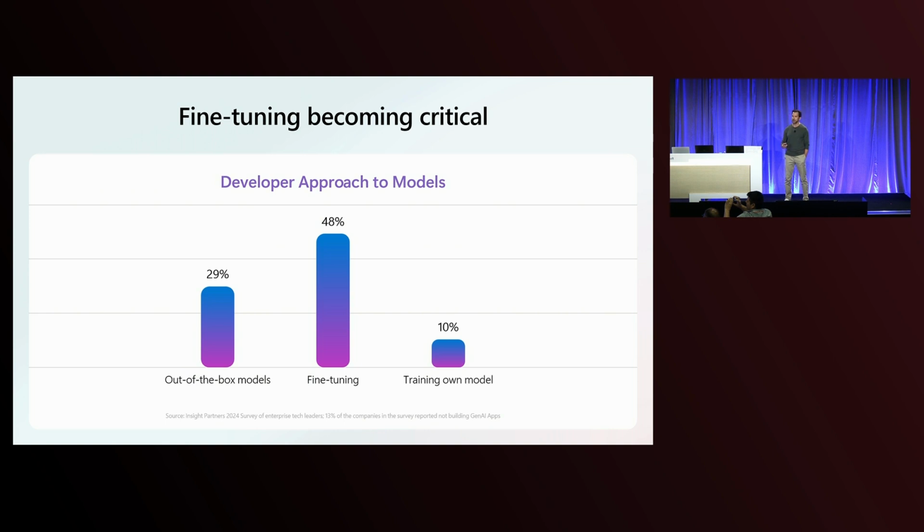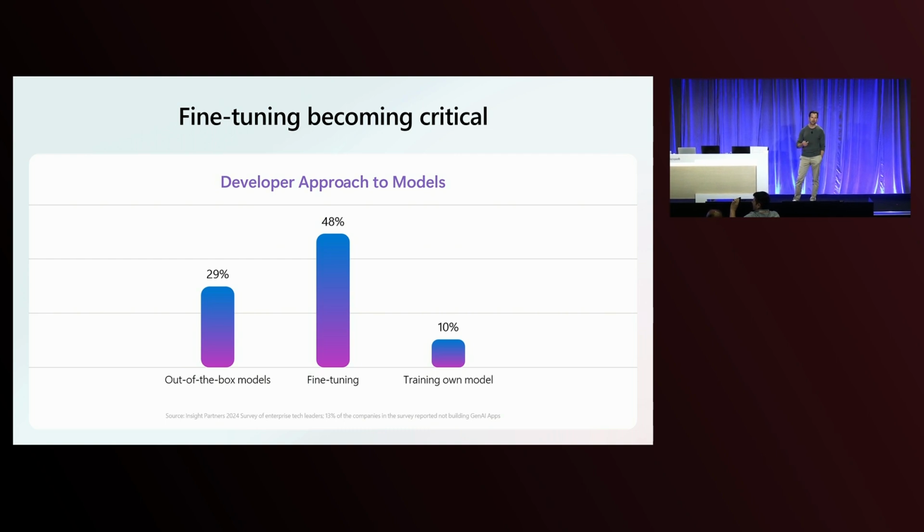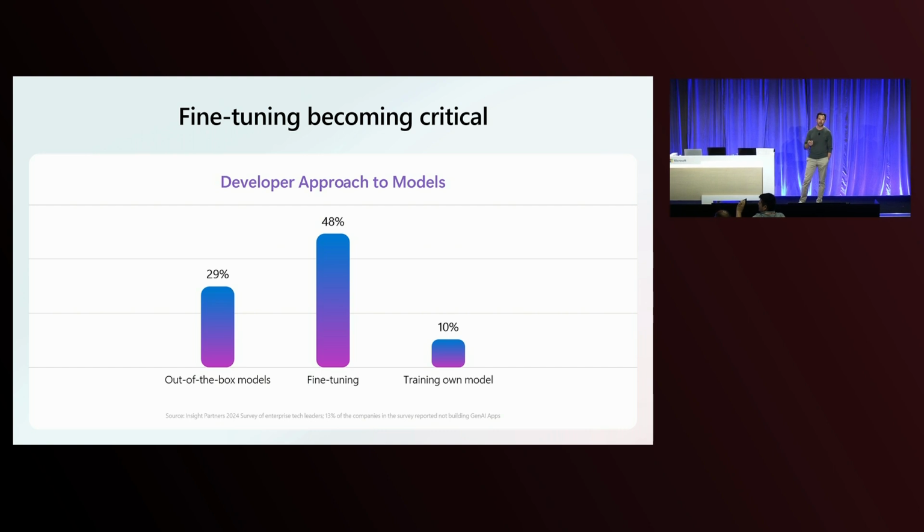But to differentiate those experiences based on your unique business needs, fine-tuning is a way that you can bring your proprietary data and enrich those model capabilities to tailor them to achieve the kinds of business impact that you're looking for. And in a recent survey, we found that 48% of product leaders in enterprise organizations that are incorporating generative AI into their strategies are using fine-tuning to deliver those differentiated outcomes to achieve their business goals.